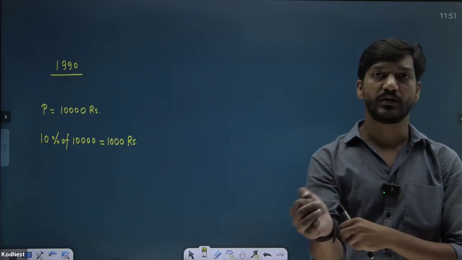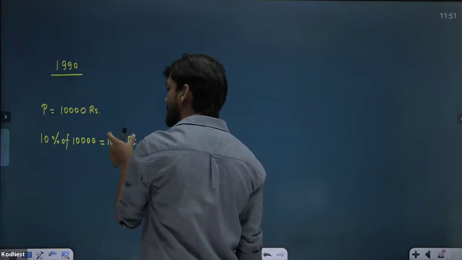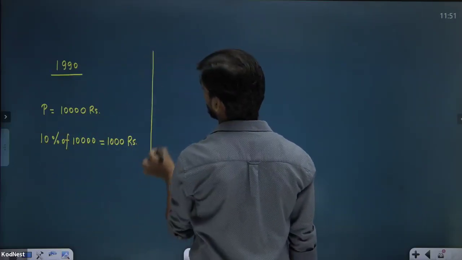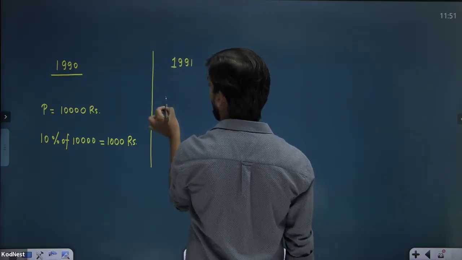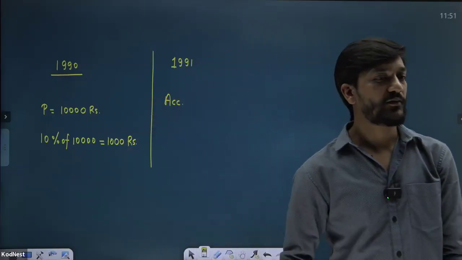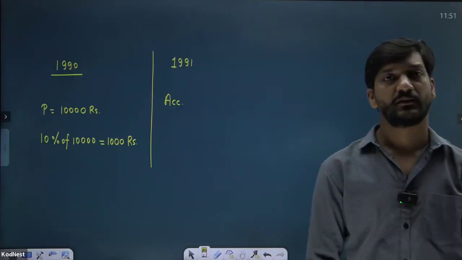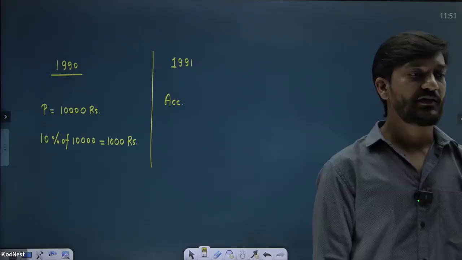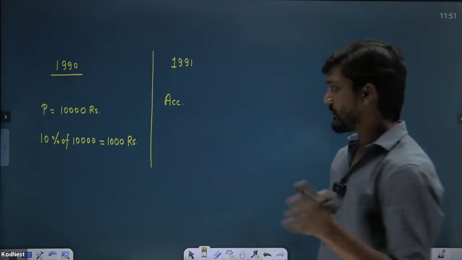Now just carefully answer once. In 1990 this is your interest. Once this interest is calculated and the year 1991 starts, your account balance will be how much? Will it remain 10,000? Will it not change? 11,000. Yes, it will change.